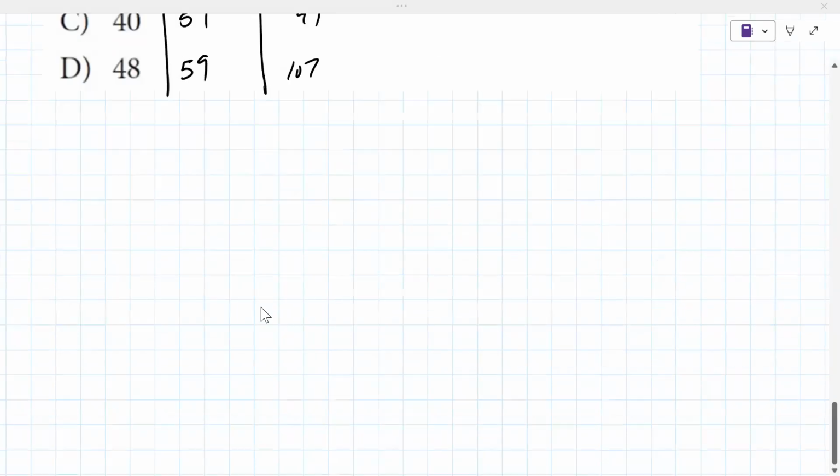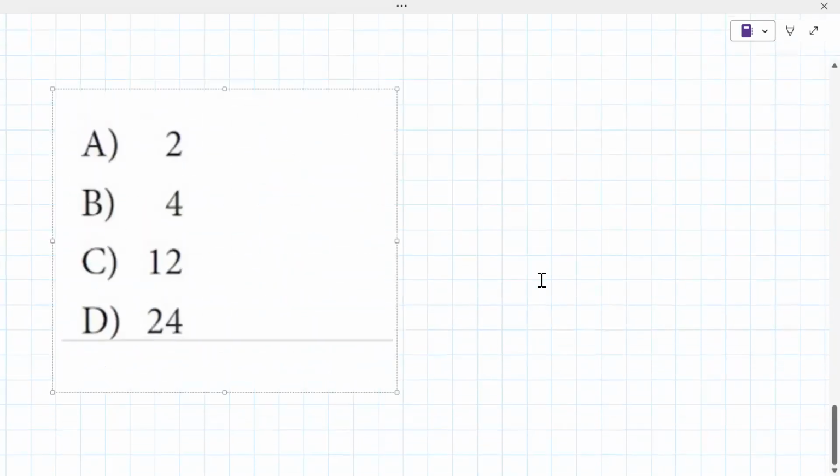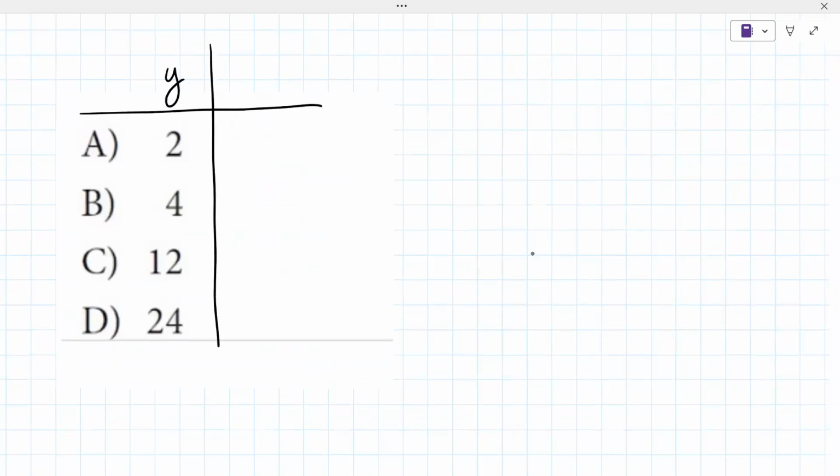So to start here, this is the value of y. And x is 6y. So I want you to give me the values that go over here. And you're allowed to use a calculator, no problem with that.